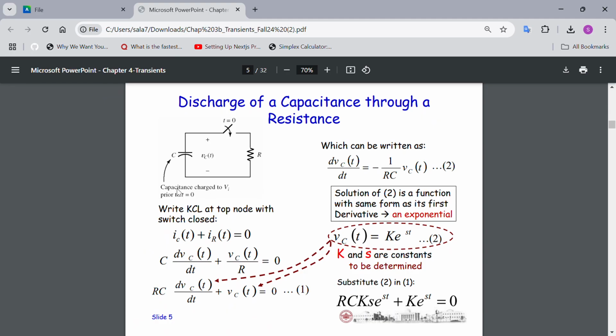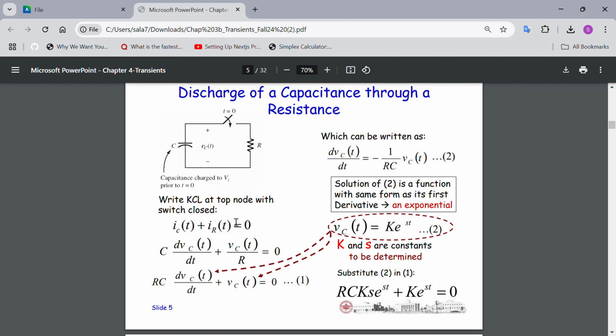So here we have a capacitance charged to V0 prior to t equals 0. The capacitor is charged, and we can write KCL, Kirchhoff's current law, at the top node with the switch closed. Let's consider this node: we take Ic, which is the current through C, plus Ir, which is the current through R, equal to 0. We are assuming the current is going up in the capacitor and going down in the resistor.